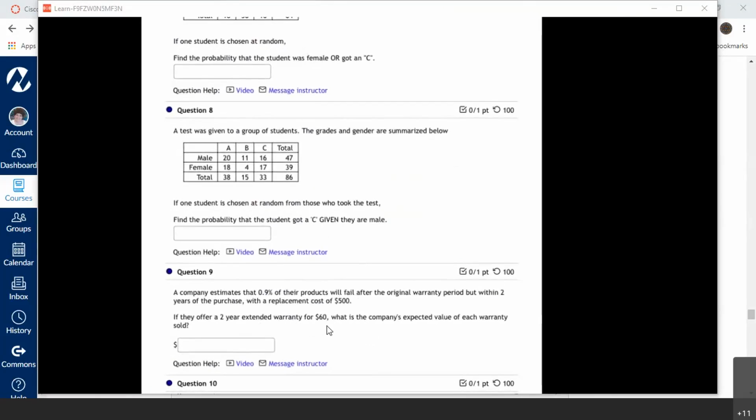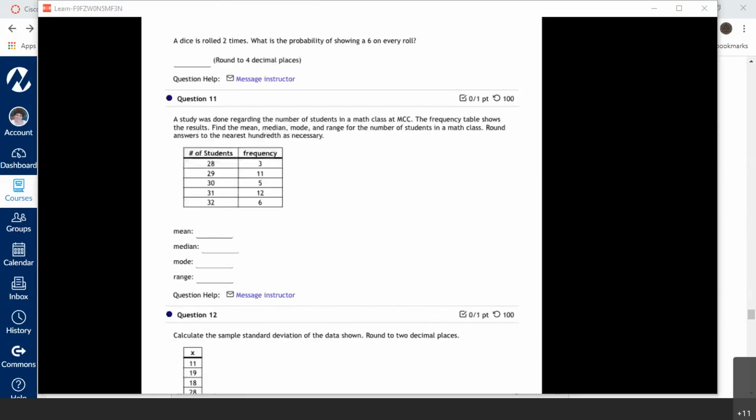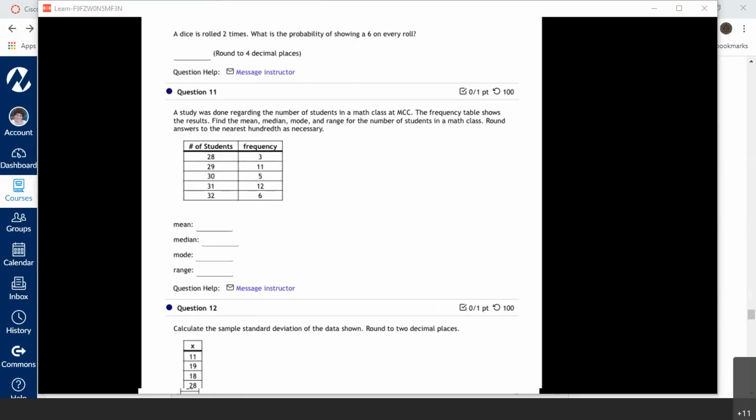You have to list all the possible outcomes in the probability distribution for this event and multiply them by their probabilities to get the expected value. Let's go back here. This is again a probability question involving and.